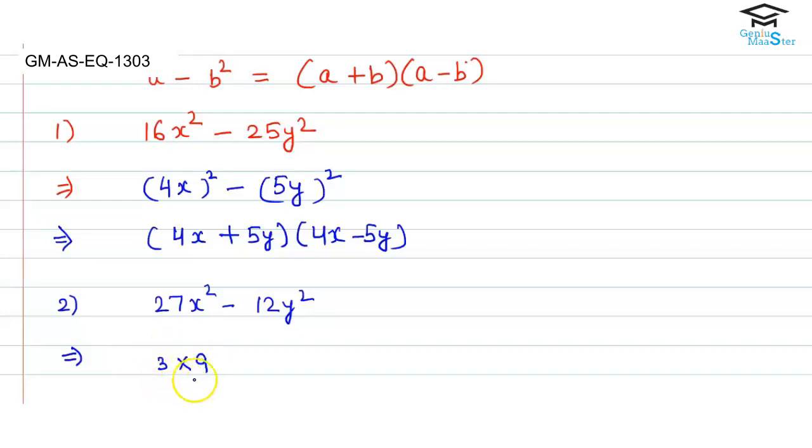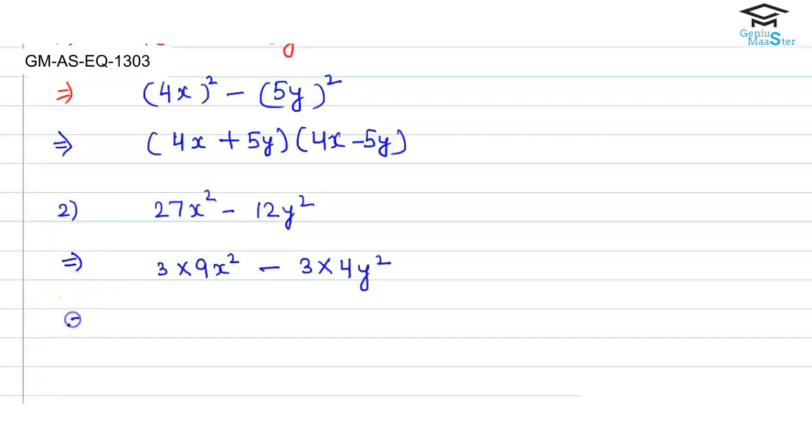So we can write it as 3 times 9 x square as it is minus, in place of 12 we can write 3 times 4 and y square as it is. Now from these two terms we can take 3 common. So 3 we will write outside, and here we are left with 9x square minus 4y square. So 3 again we will write as it is.